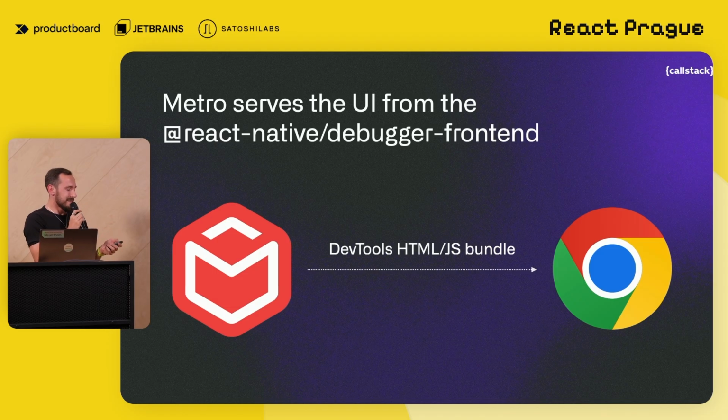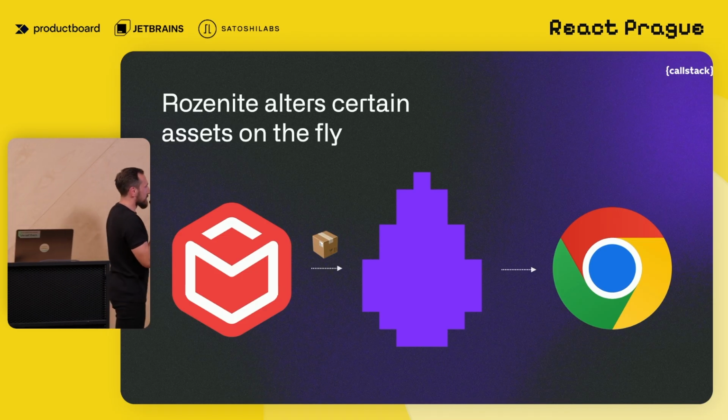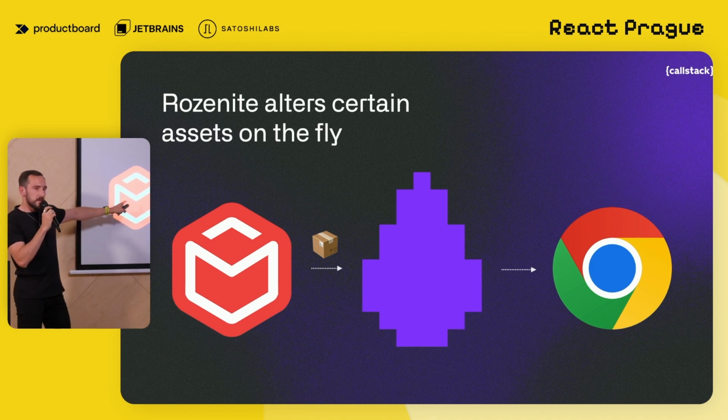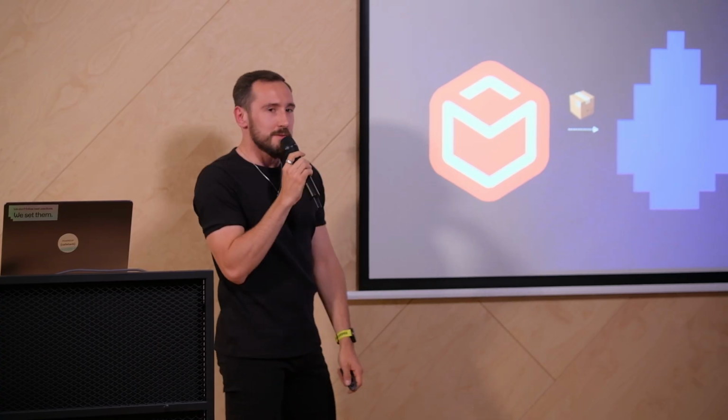Okay, so we have a place to act as a man in the middle, because Rozenite basically is such a man in the middle. It knows that Chrome is asking for something, and Metro is about to respond with certain files. So Rozenite can alter those files and inject some custom code.